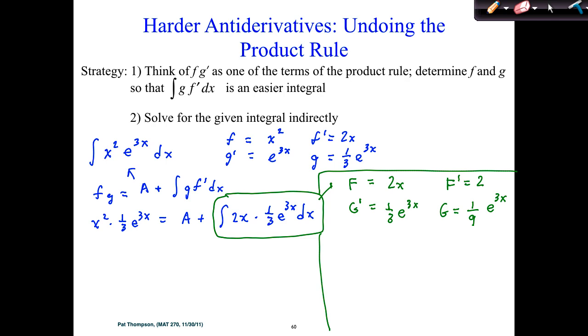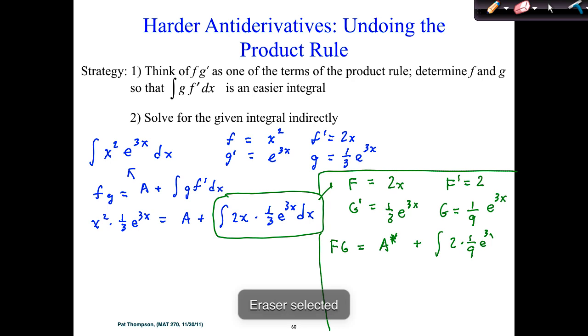And so now in this little subproblem, I'll have FG equals my answer to this, I'll call it A star, plus integral of 2 times 1/9 e to the 3x. Is that easier?